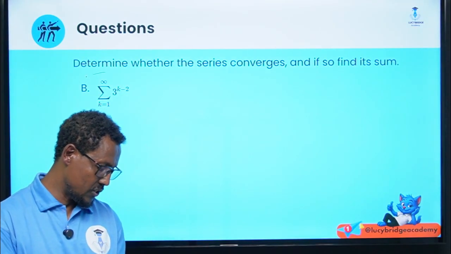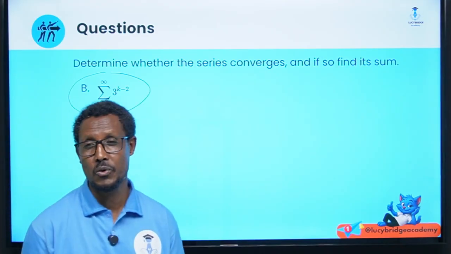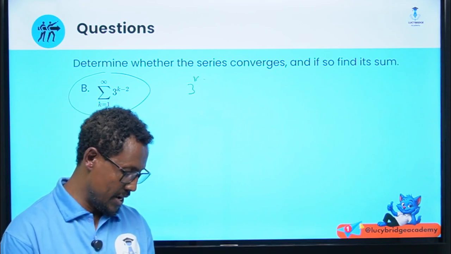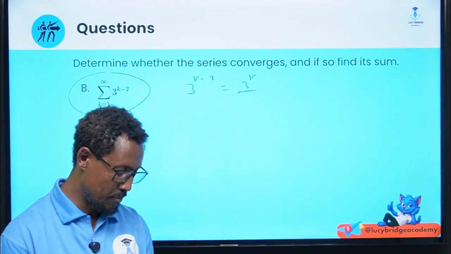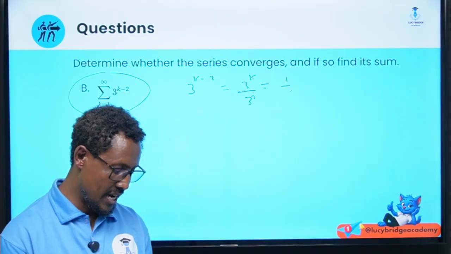If you have such a sequence, try to simplify using what? Using the exponent rule. 3 to the power of k minus 2 is equal to 3 to the power of k over 3 to the power of 2, which means this is 1 over 9 times 3 to the power of k.